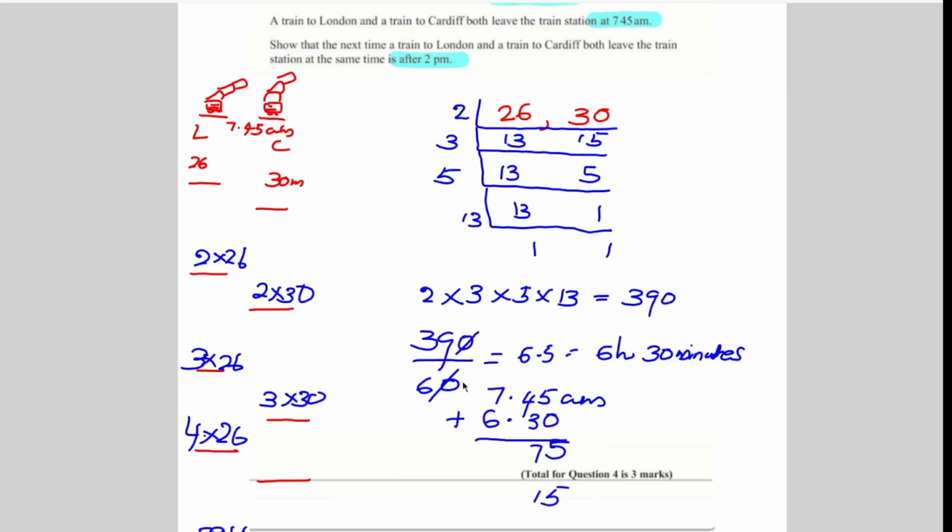So we are taking 1 hour here. Then 6 plus 6 is 12, 13, 14. Which means 14:15. Again, both the trains align at 14:15, which means 2:15 p.m.